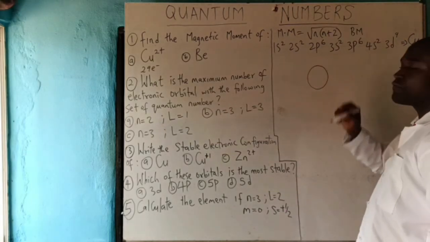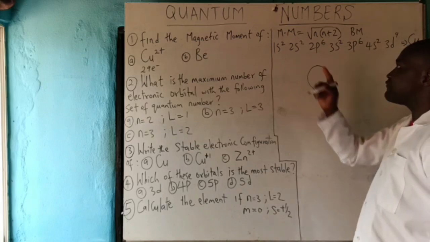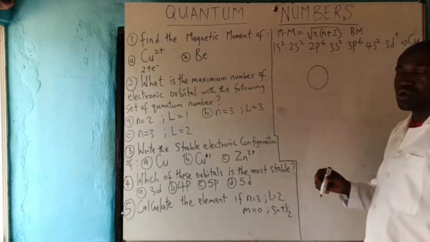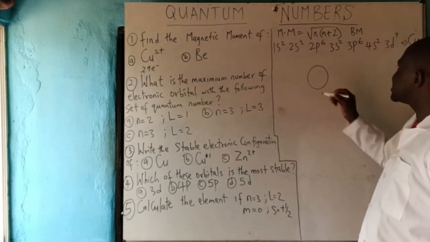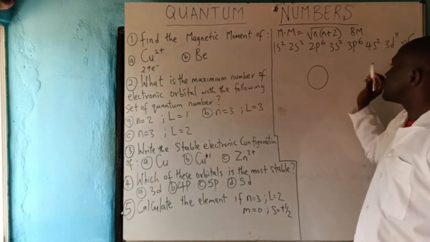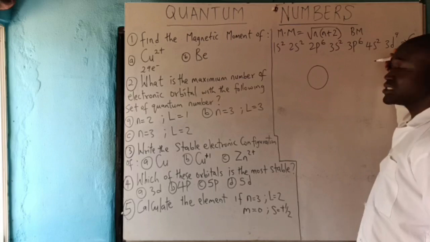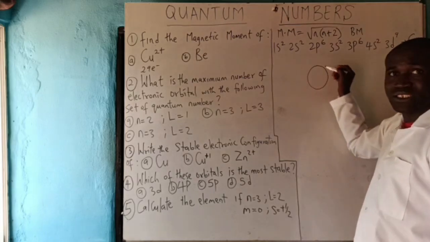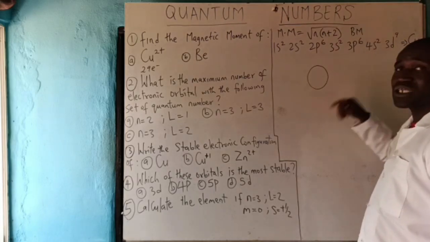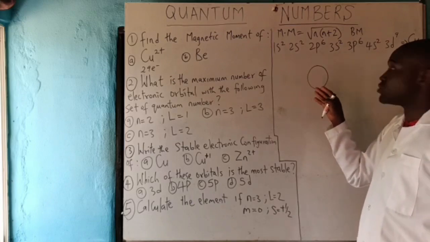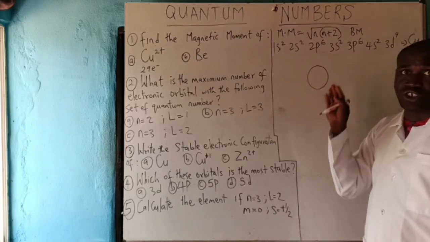In our first video on quantum numbers, you notice that 4s represents when n is 4, and 3d represents when the shell is the third shell. So 4s is on the fourth shell, 3d is on the third shell.